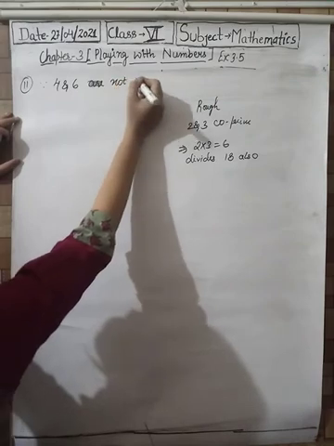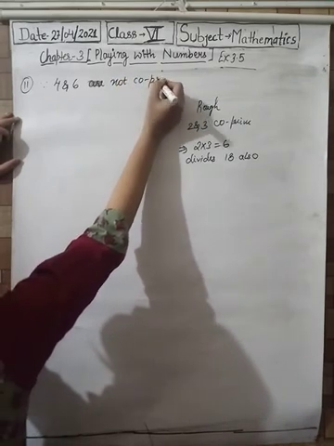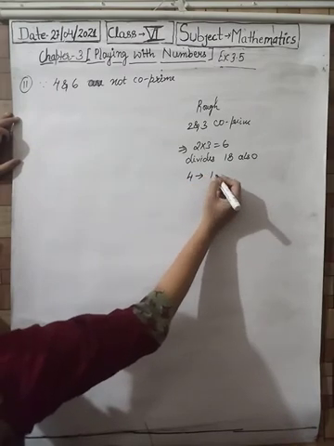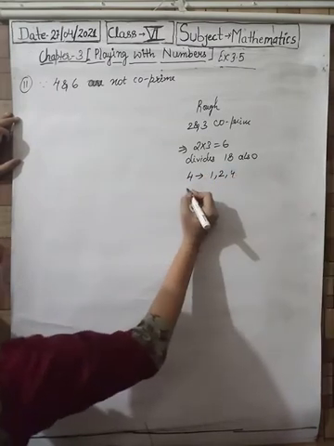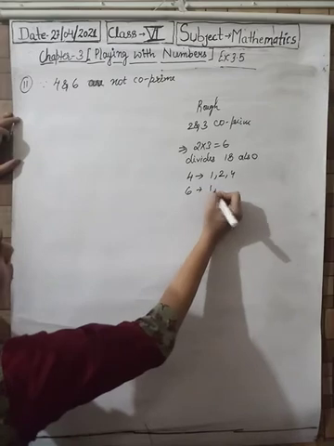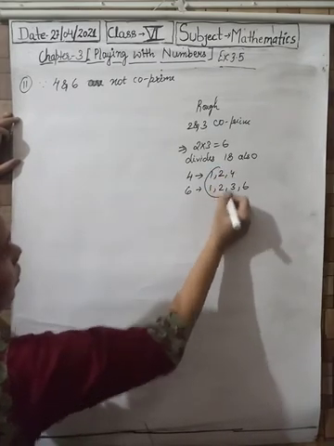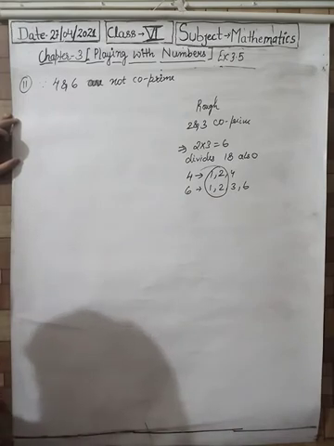But in the next section of the question, since 4 and 6 are not co-prime numbers. 4 and 6 are not co-prime. Factors of 4 are 1, 2, 4 and factors of 6 are 1, 2, 3, 6. Here 1 and 2 both are common. Okay.